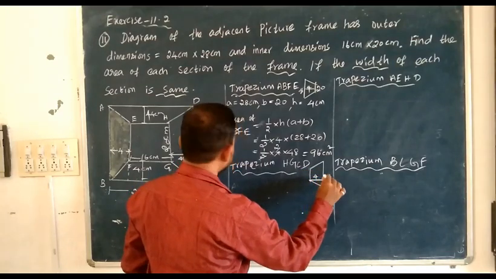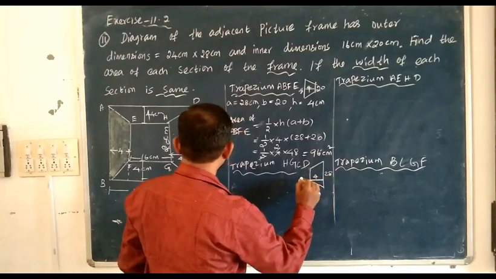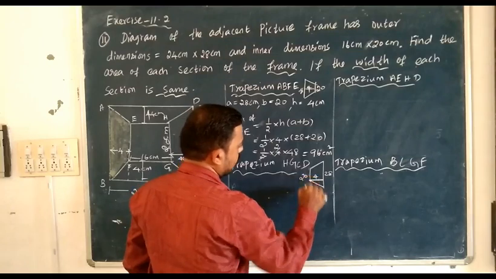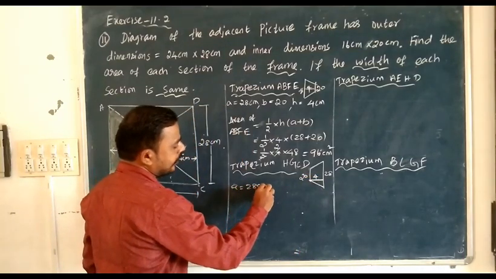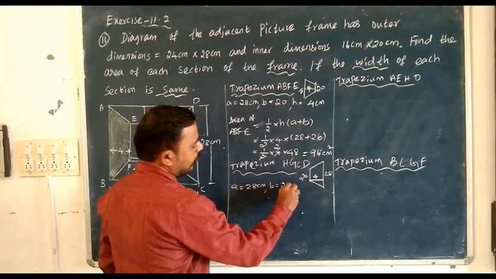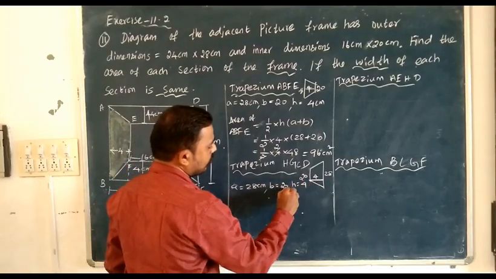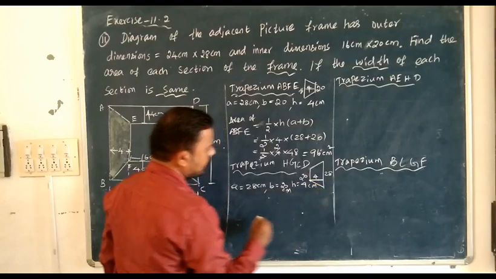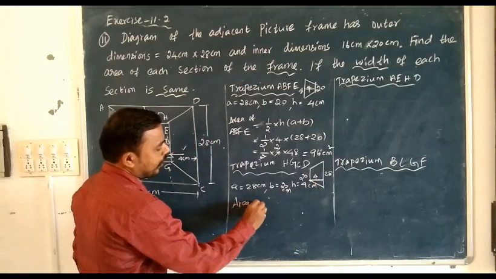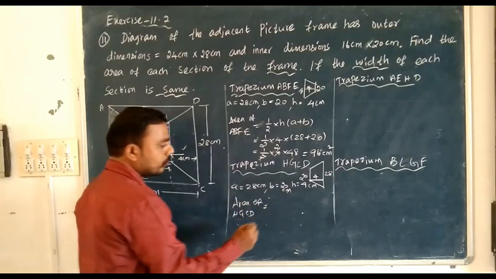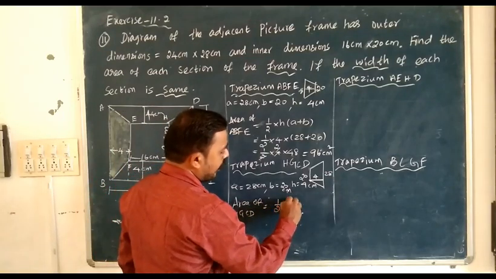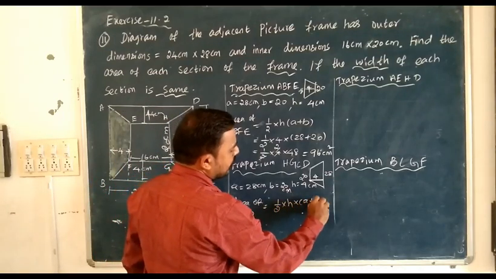Or in a different form, the same thing you can write. This is 4 centimeter, this is 28, this is 20 centimeter. So A equal to 28, B equal to 20, and h is equal to 4. So area of HGCB equals 1 by 2 into h into a plus b.